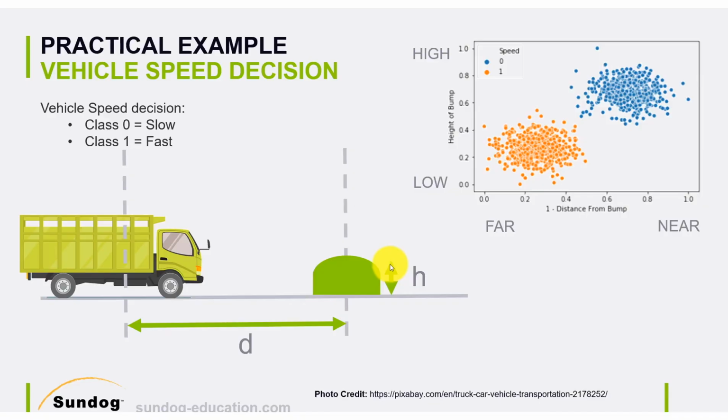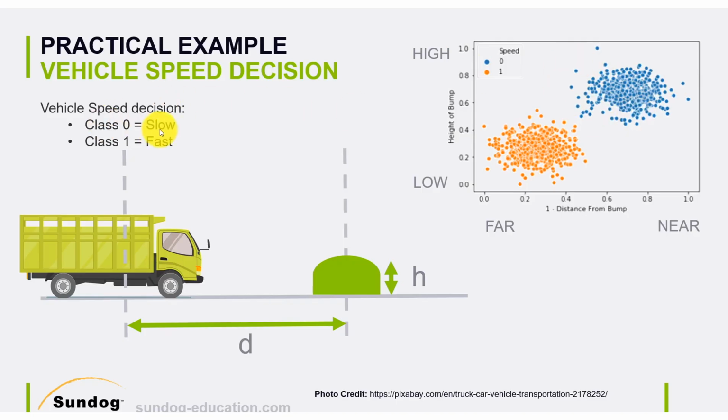Or if the distance to the bump is very near, very close, then we make the speed of the vehicle low. We don't want to have it fast and jump over that bump. So again, if we are near and the bump height is high, then our speed is going to be 0. 0 here means we're driving slow, class 0.